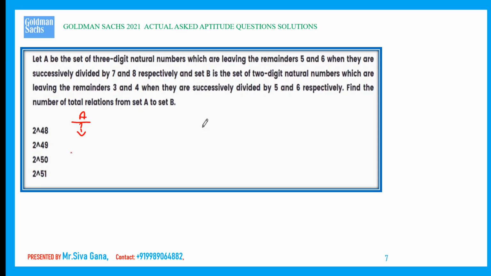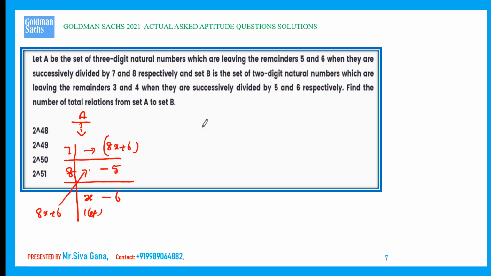So what about the set A? Set A is in such a way that when divided by 7, the remainder is 5. When divided by 8, the remainder is 6. Successive division. First of all, I would like to calculate the general number of this category. For that, I am assuming x. The number here is 8x plus 6.